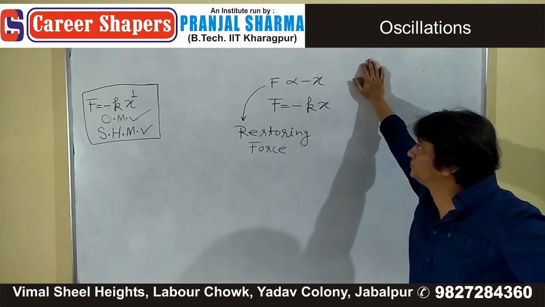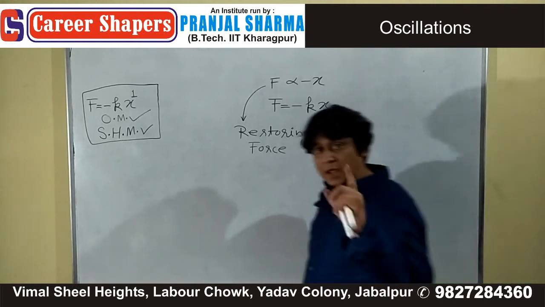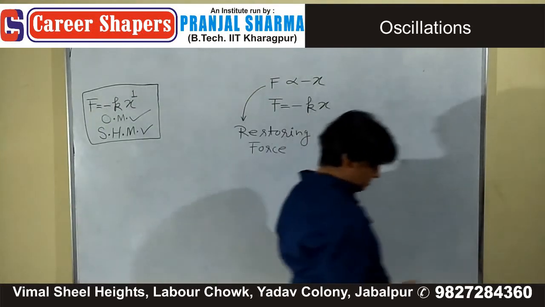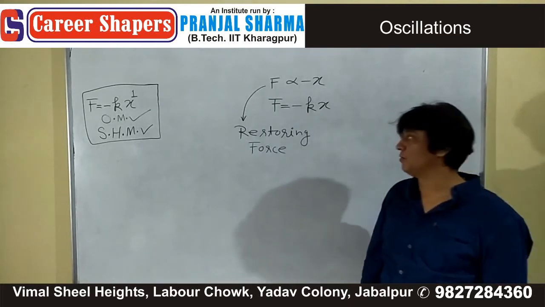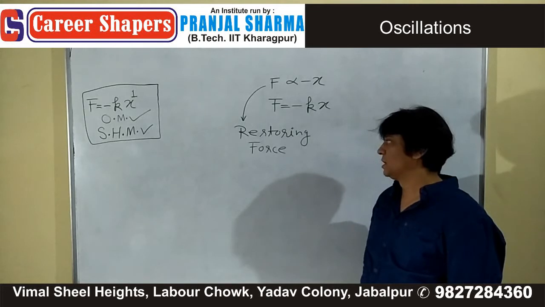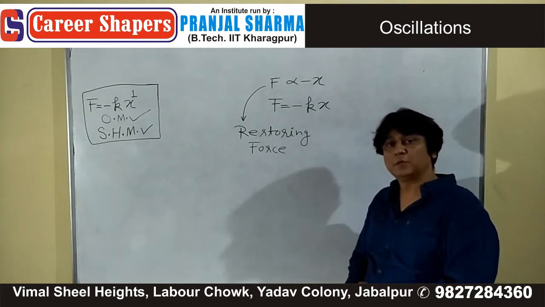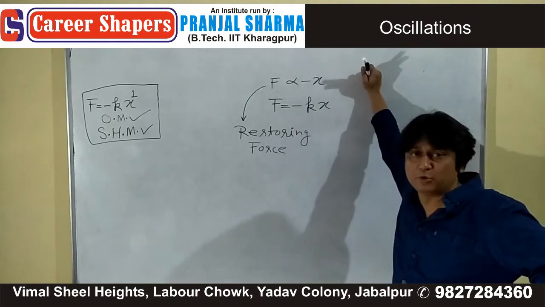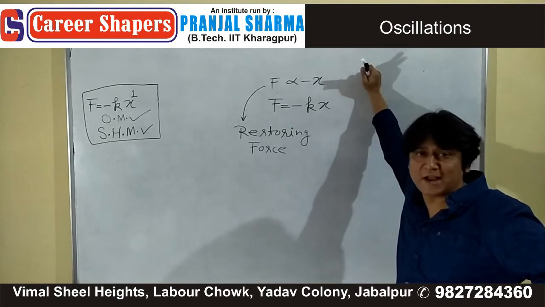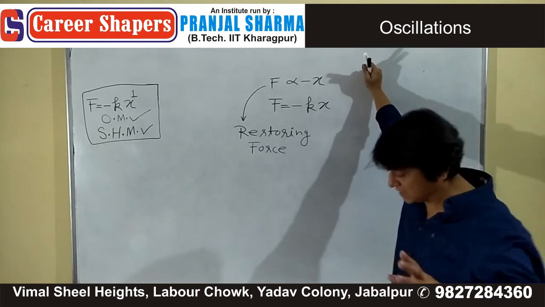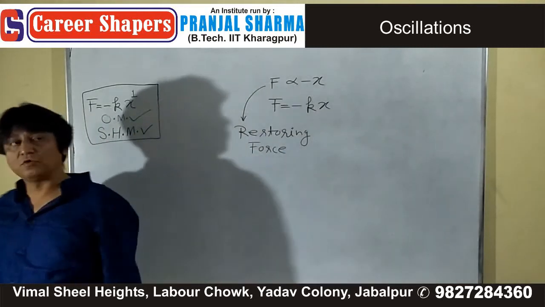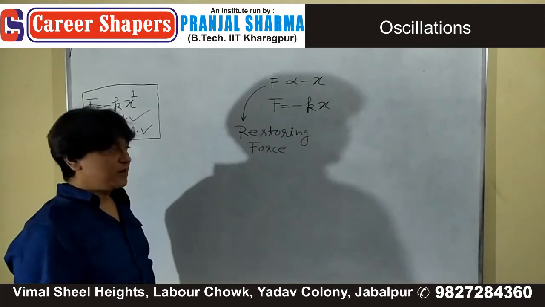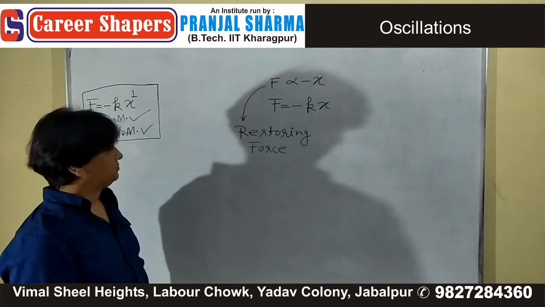X is always taken from the mean position, and mean position is that position where net force on the object is 0, or torque, if you talk about angular SHM, is 0.